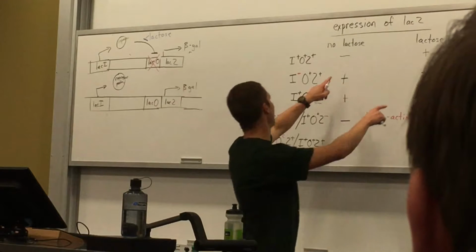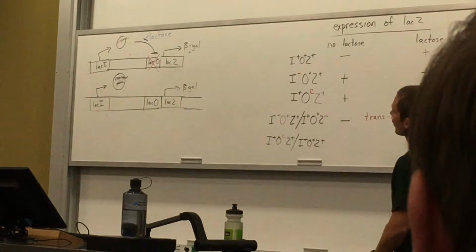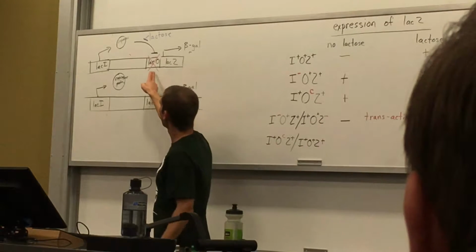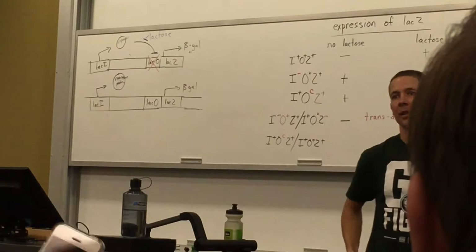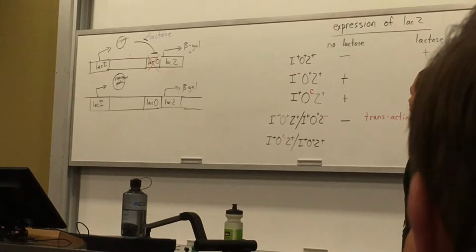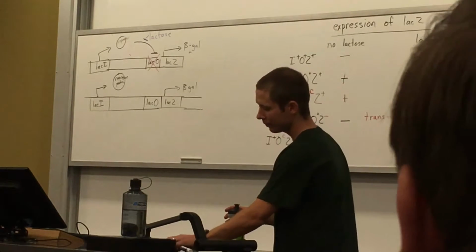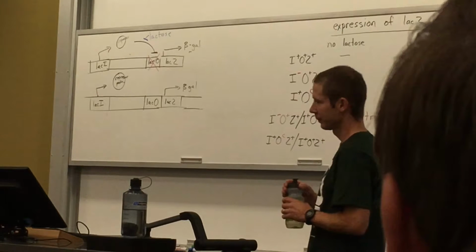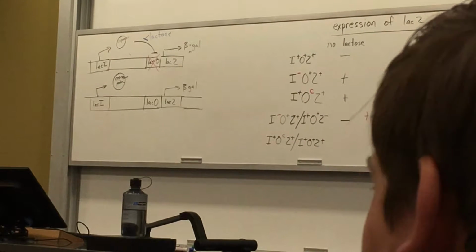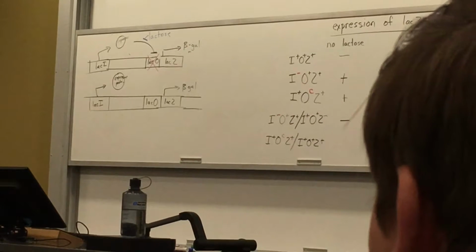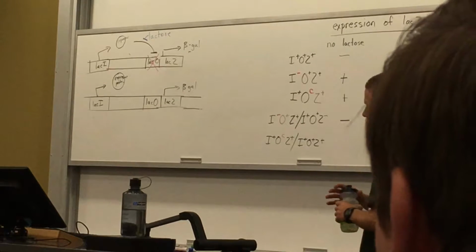Are we going to get a normal expression pattern in this case, or are we going to get constitutive expression when we change this sequence so that the repressor protein can't bind there, even though there's another copy over here?